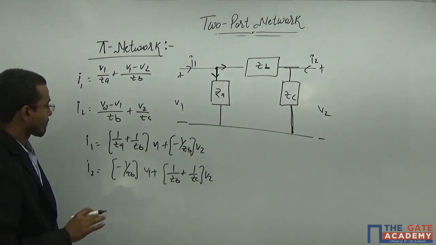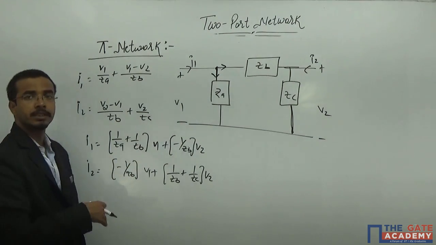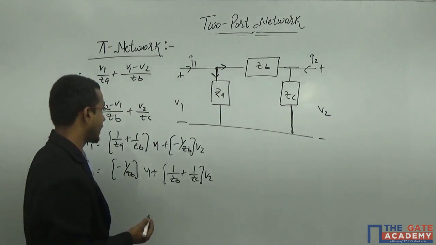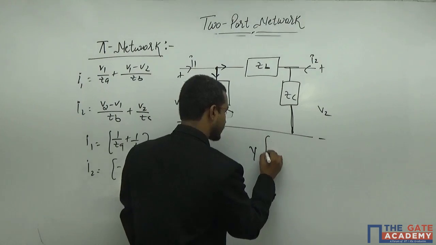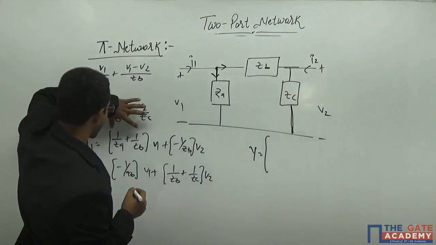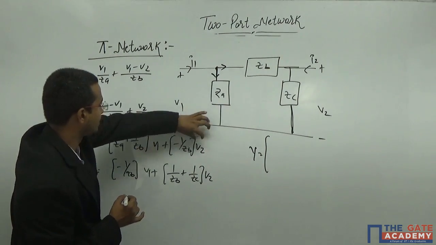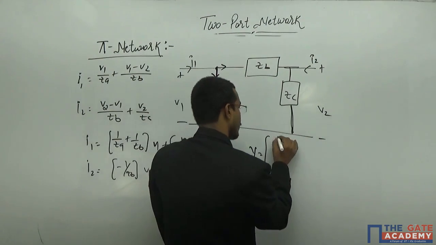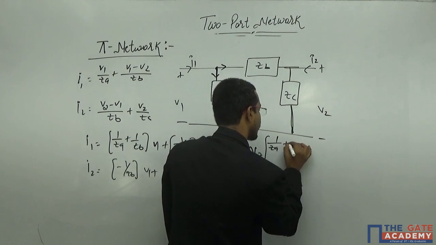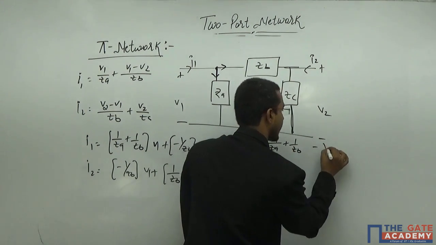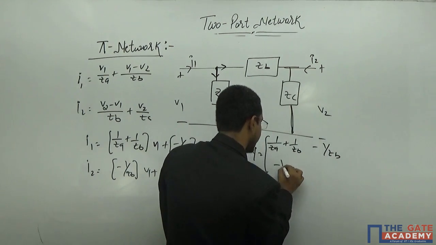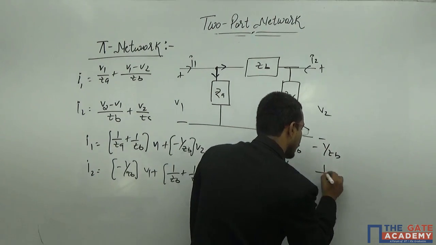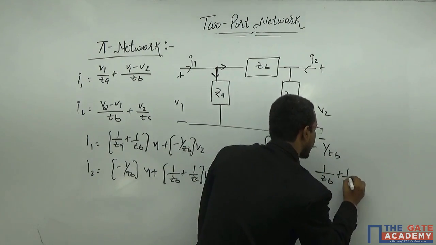Now see, whenever you compare this with the standard Y parameters, the Y parameter is given by Y11 V1, Y12 V2, Y21 V1, Y22 V2. That means 1 upon ZA plus 1 upon ZB, minus 1 upon ZB, minus 1 upon ZB, 1 upon ZB plus 1 upon ZC.